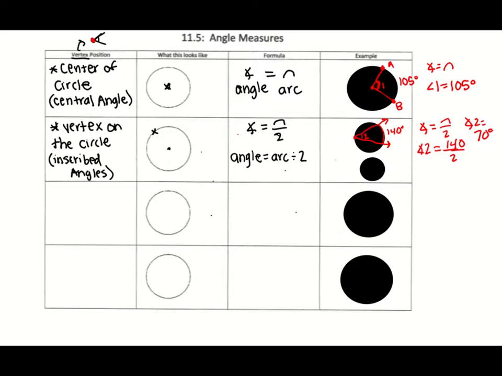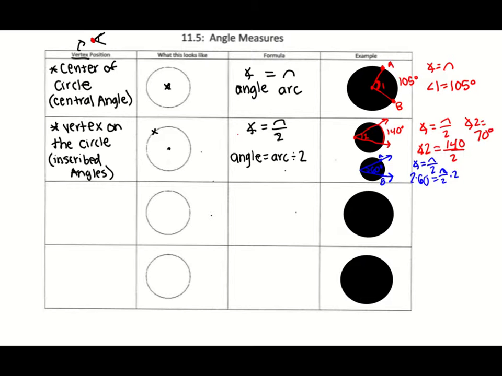Now if we wanted to do the reverse, if we had this example down here, where this angle right here was 60, and we wanted to find what our arc AB was, we would take our angle equals our arc divided by 2. Our angle in this case is 60, equals arc over 2.